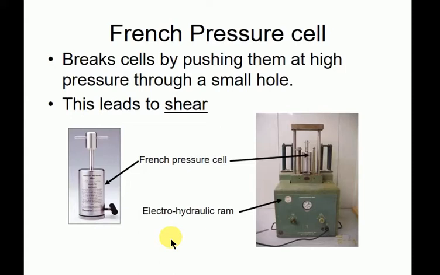You put your cells in, and the container then fits in this ram, and then you discover why this is so heavy and beautifully machined. The hydraulic ram brings this down, and at the point at which it hits the T-bar, it creates a pressure inside that chamber. Then you relieve the pressure by unscrewing at the bottom, but you maintain just the amount of pressure needed to fracture the cells.